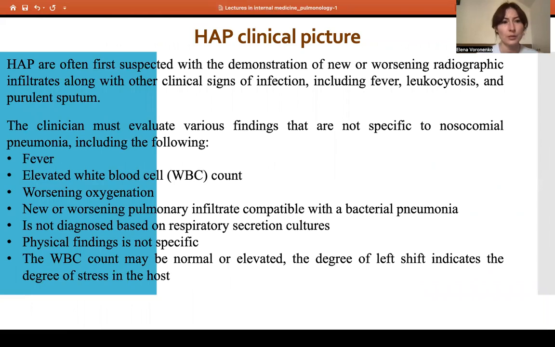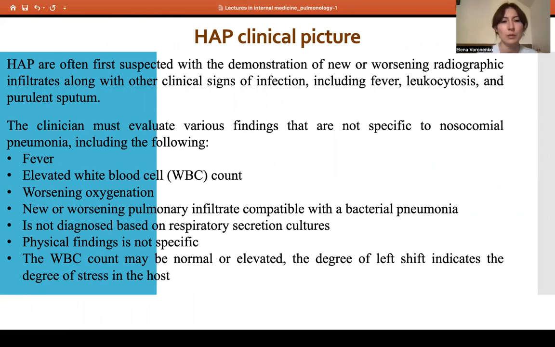HAP clinical picture. HAP is often first suspected with the demonstration of new or worsened radiographic infiltrates, along with other clinical signs of infection, including fever, leukocytosis, and purulent sputum.